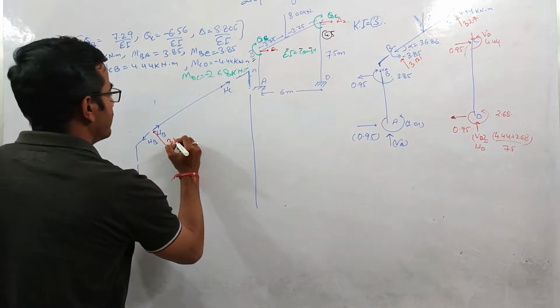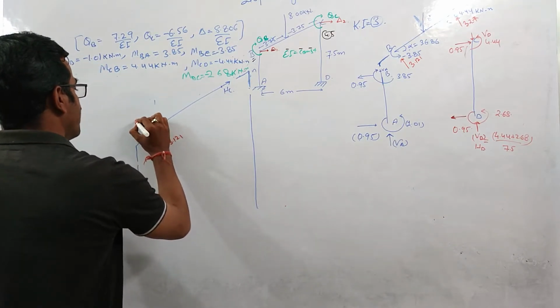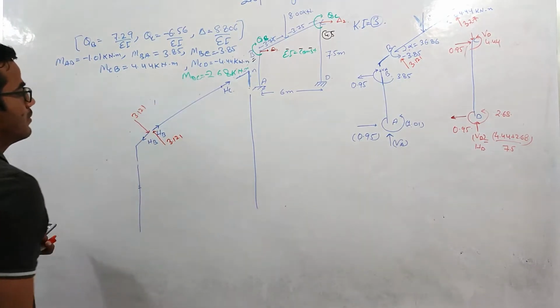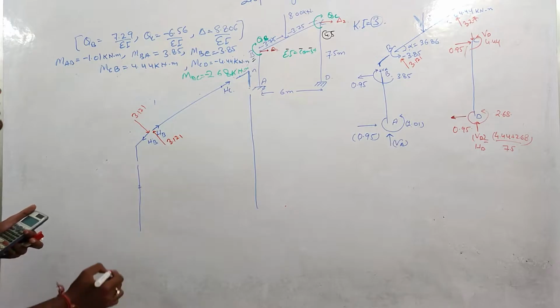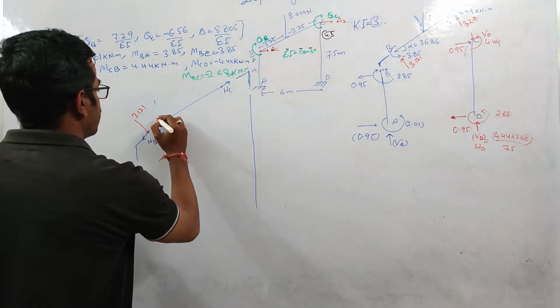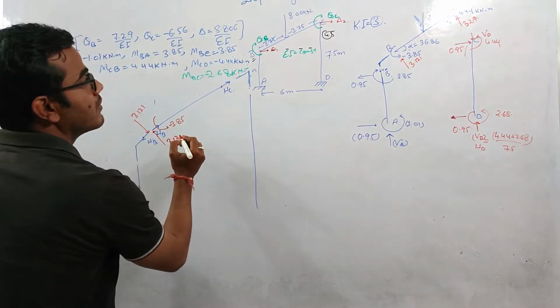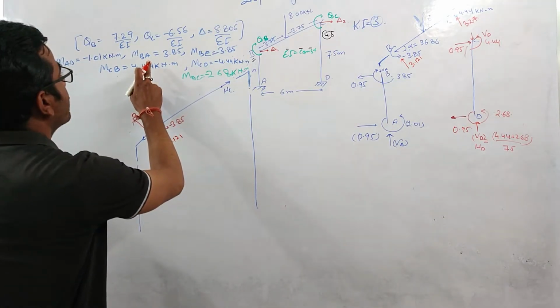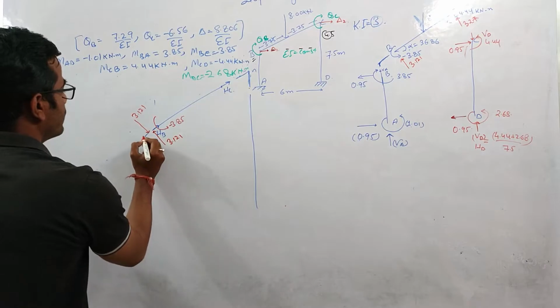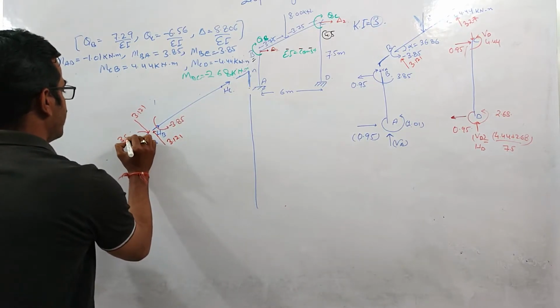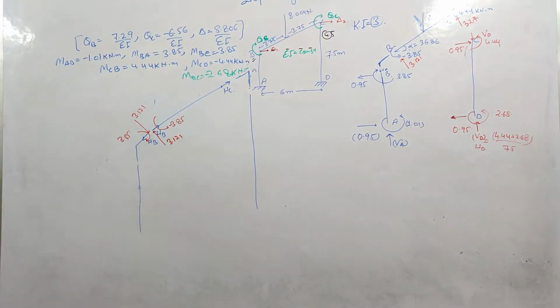This is 3.121, so the opposite of this will act in this direction, 3.121. Right? There is a moment, minus 3.85, MBC. So the opposite of this, which is anti-clockwise, is a clockwise moment of 3.85, right?